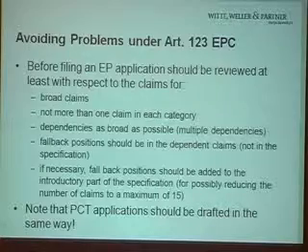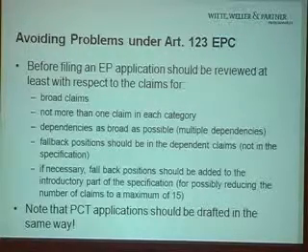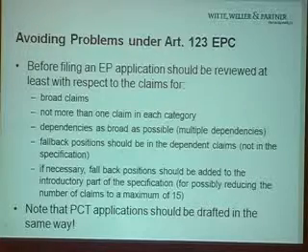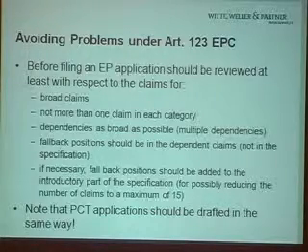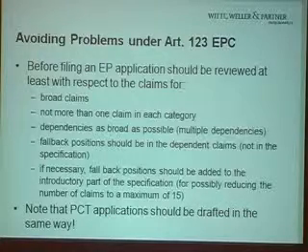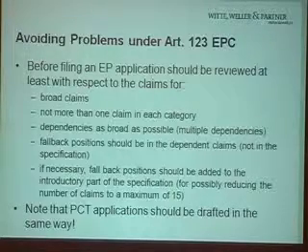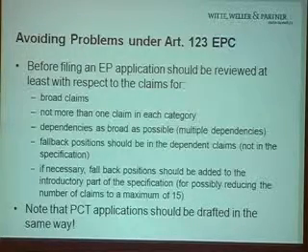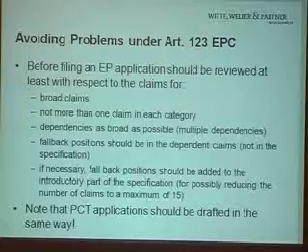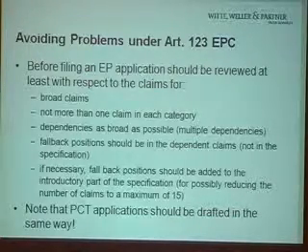Then not more than one claim in each category, because otherwise you would run into the problem of unity of invention, as also pointed out before. Dependencies should be as broad as possible, so you should use multiple dependencies. And fallback positions should be in the dependent claims, not in the specification.